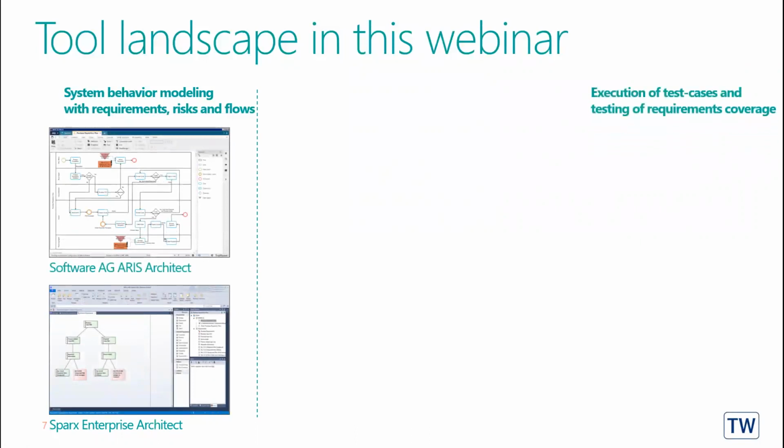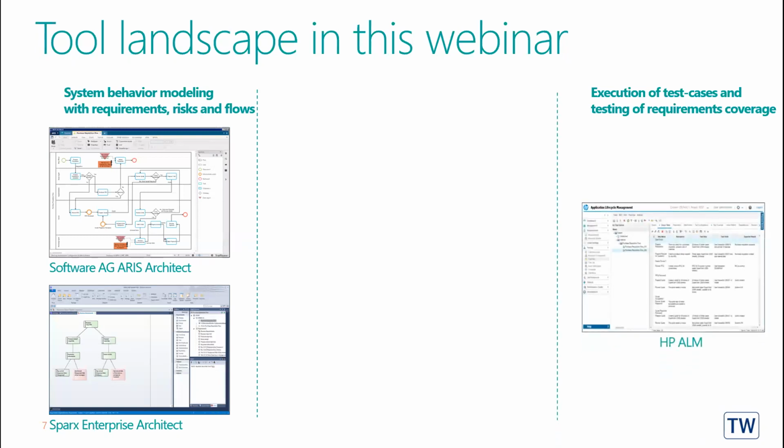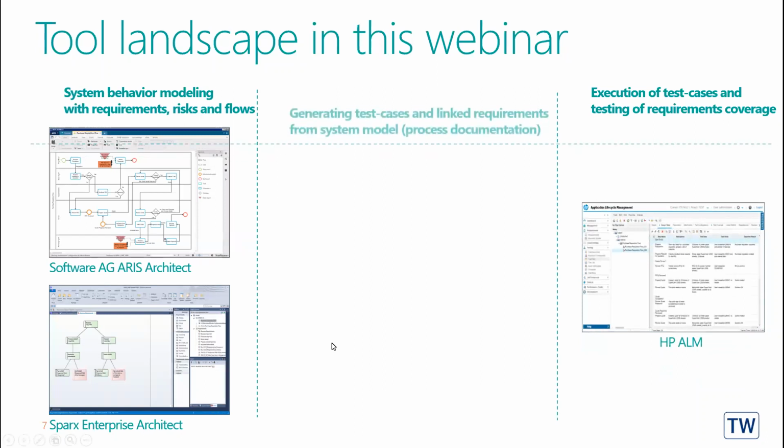On the testing side, the BPM-X tool supports all the leading testing environments. We are using the market leader, that's HP ALM, for demonstrating, as we are limited to a 30-minute webinar. And we demonstrate in HP ALM how requirements and test cases are executed.